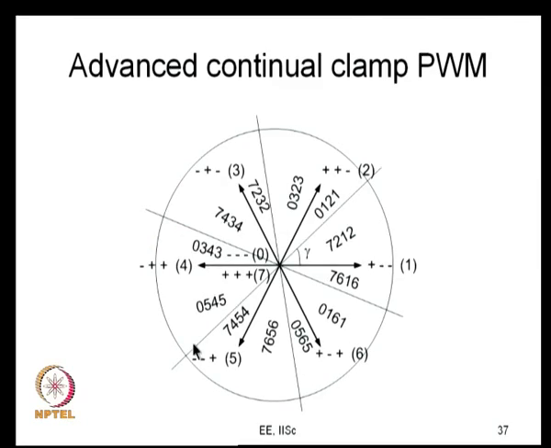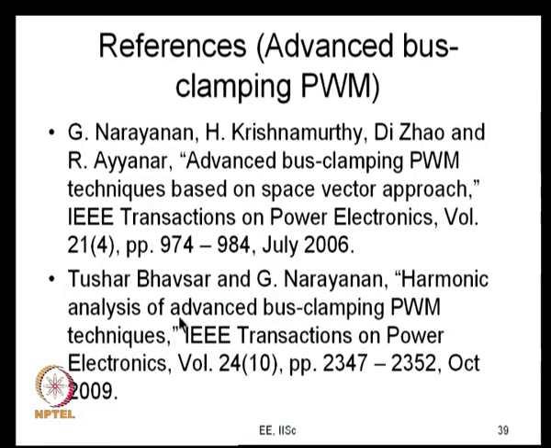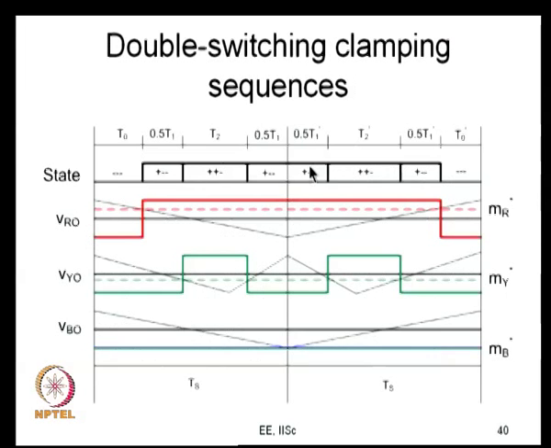Now, I am going to show a few more references. These are the two references that I showed, and they are particularly about the advanced bus clamping which I discussed today, and this is about the double switching clamping sequence, looking at it from the triangle comparison side. Here you can consider VRO average, which is MR star, and VYO average, which is MY star.